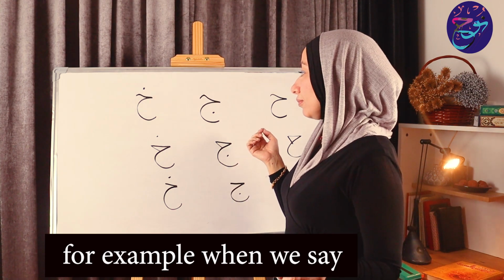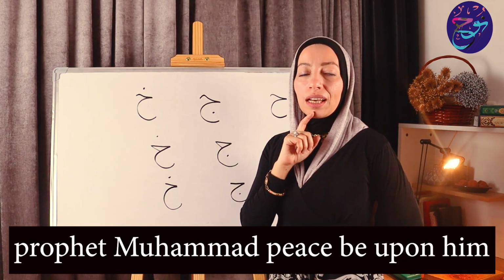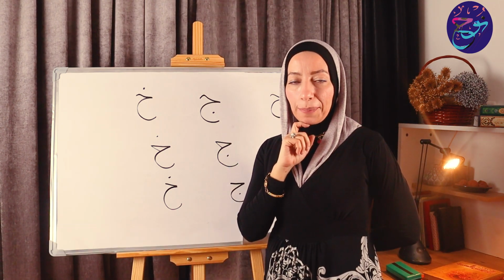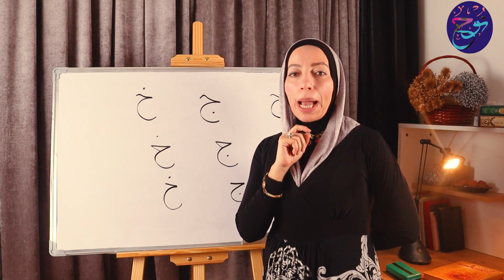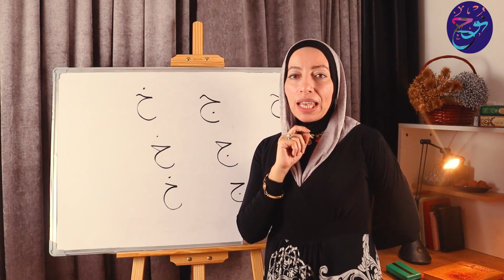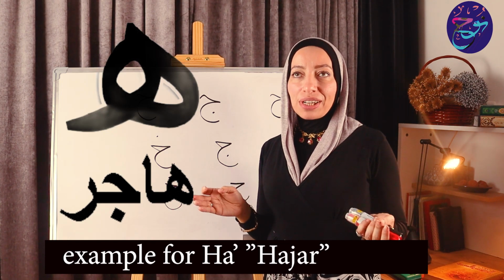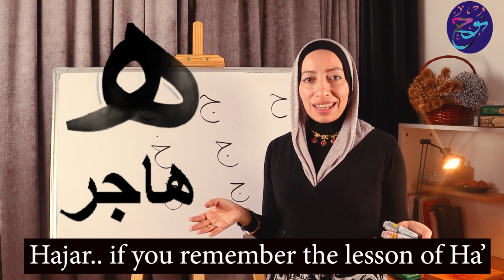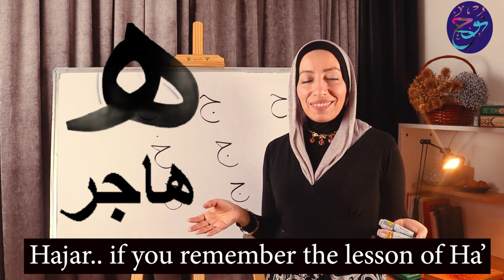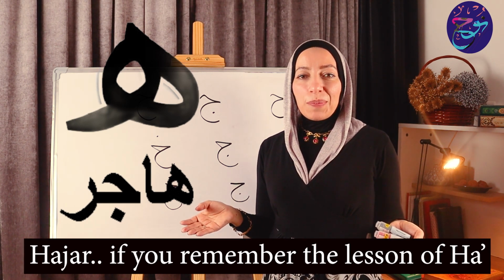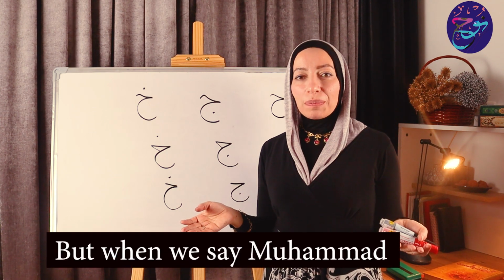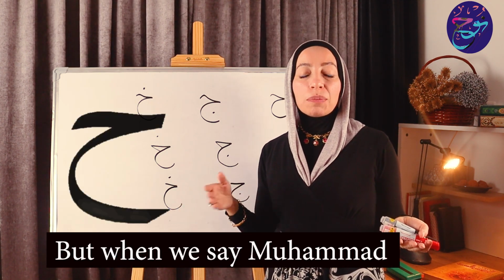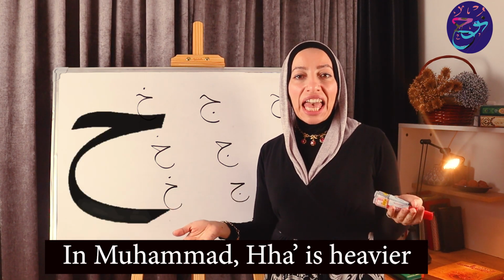So, for example, when we say the Prophet Muhammad, peace be upon him, it is Muhammad and not Muhammad. When you see a Ha, for example, Hajar, if you remember the lesson of Ha, Hajar. But when we say Muhammad, Ha is heavier.